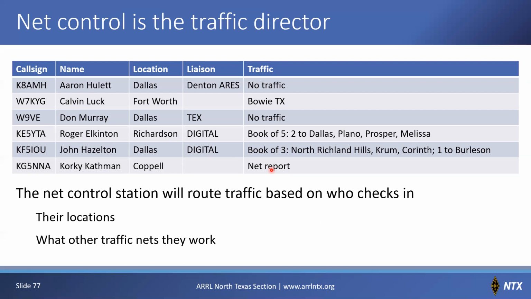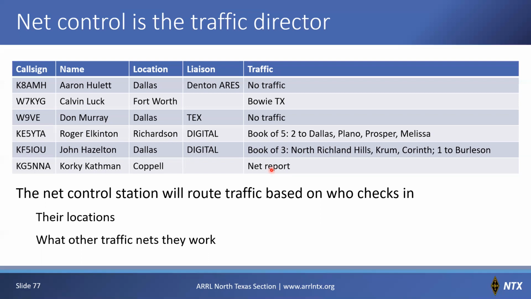If you look at QST, usually around page 70, somewhere in there, you see the public service honor roll stations. That's also part of the reporting that we'll do. You can get points based on how many messages you handle and how many nets you check into, or if you participate in a public service net or like a Skywarn net, doesn't necessarily need to be NTS related. You can build points, and we get all those details and send them up to headquarters. But we do all that through the traffic system.